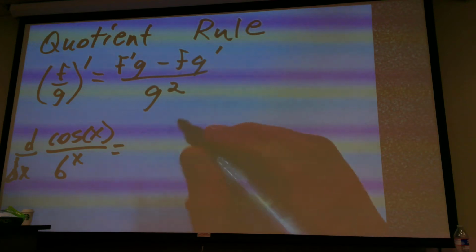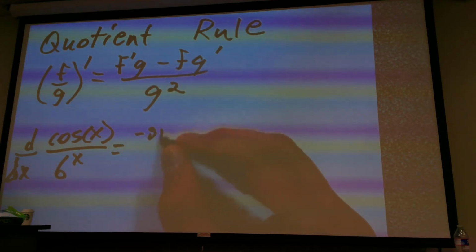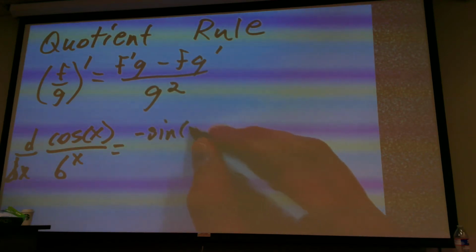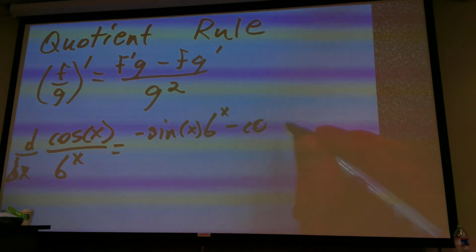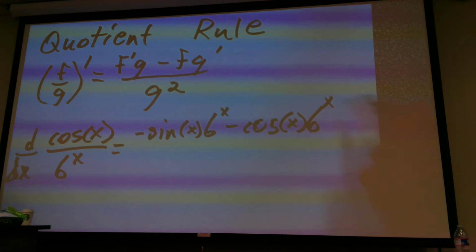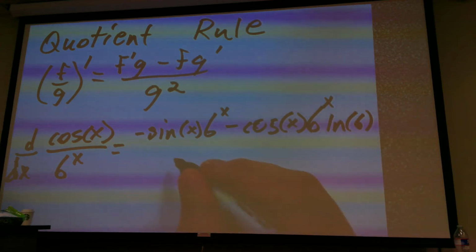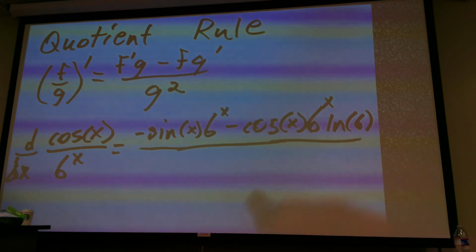So the derivative of cosine is negative sine. And we're going to leave the 6 to the x alone on that one. And minus cosine, so we'll leave the top alone on that one. And then this would be 6 to the x times the natural log of 6. And this would be divided by 6 to the x squared.